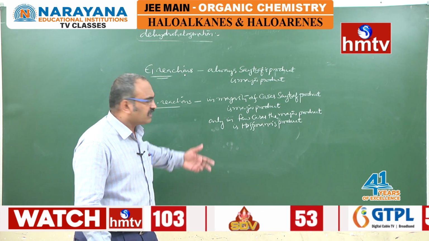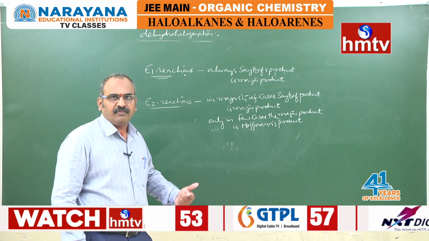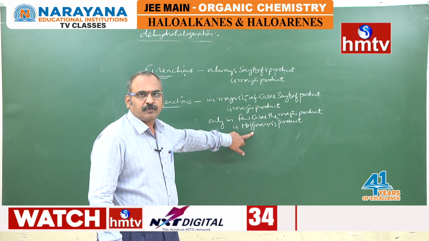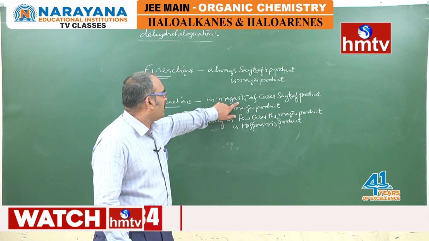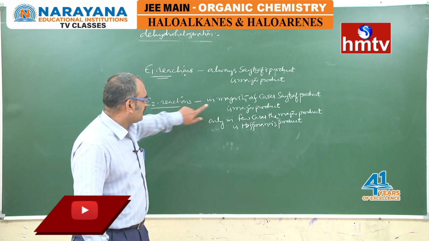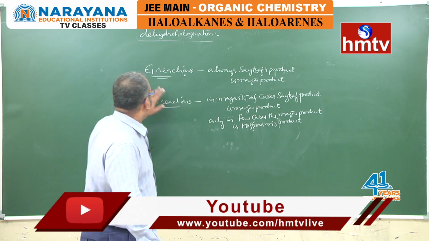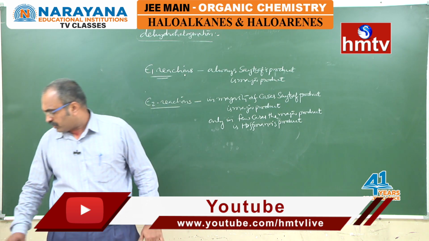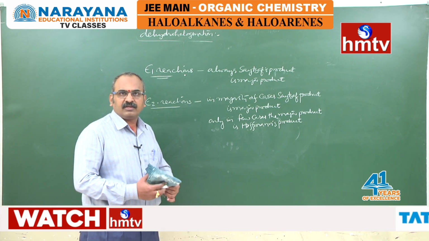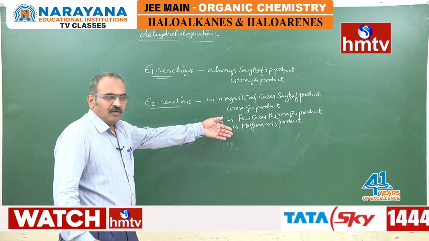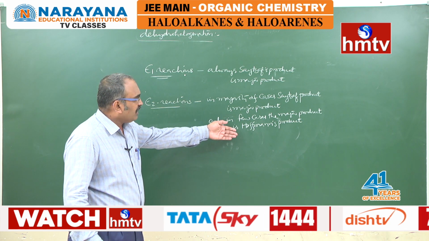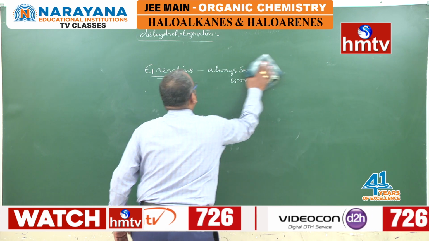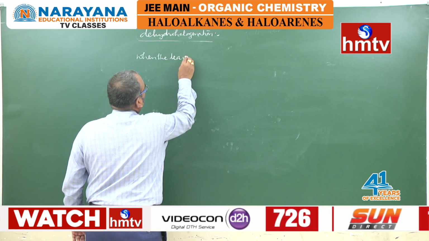So in few instances, whenever the leaving group is a poor leaving group or the base used is bulky, you will get Hofmann's product as the major product, whereas in all remaining cases in E2 reactions, the major product is Saytzeff product. I will show the few instances of getting Hofmann's product here. First, when the leaving group is a poor leaving group like fluorine.